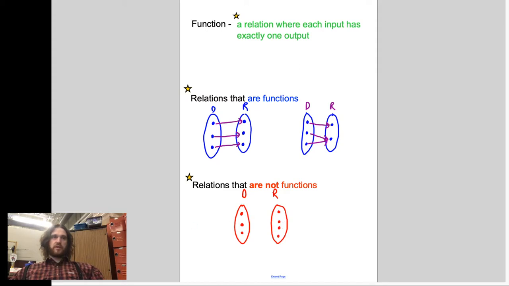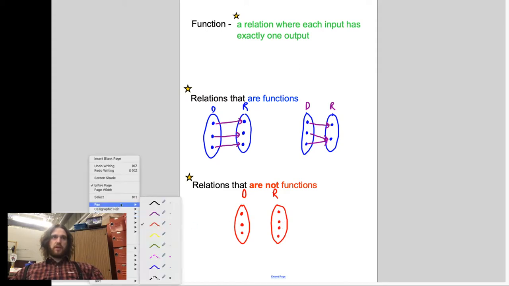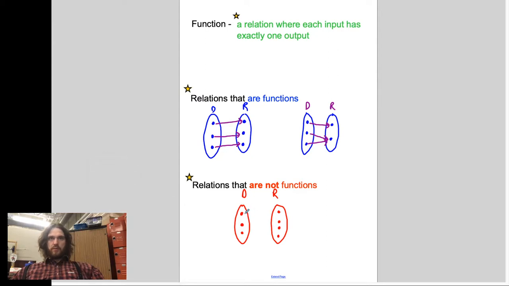So we have 3 dots in the domain, 3 dots in the range, or in our inputs and our outputs. This is not a function, and it's this input that's the problem. This is what is preventing this from being a function, because this input has more than one output.